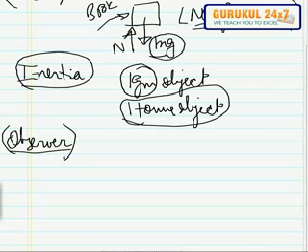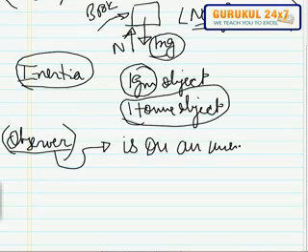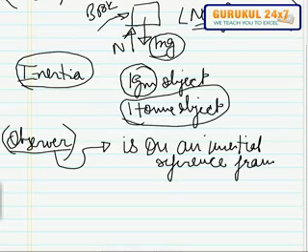In the first law, the observer is on an inertial reference frame. We'll talk about this later on, but for now you can just think of it as: the observer must be on an inertial reference frame if the first law is to be applicable. Let's first talk about the second law.